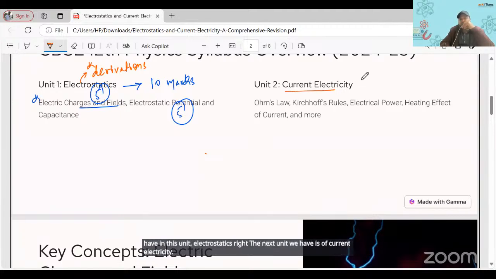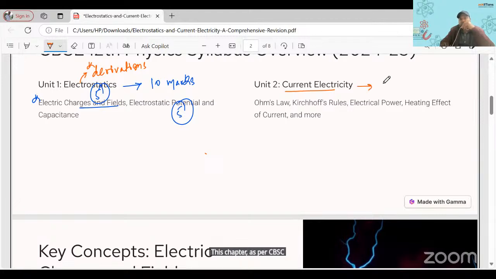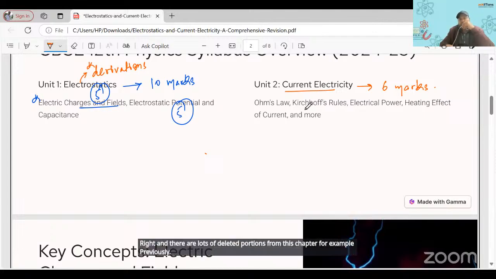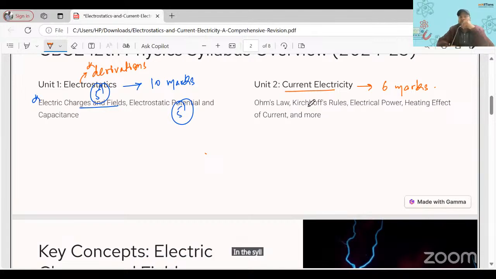This chapter, as per CBSE, has a weightage of 6 marks, and there are lots of deleted portions from this chapter. For example, previously there was meter bridge. Potentiometer was there 2 years back, then it was deleted, and this year we don't even have meter bridge. So up to Wheatstone bridge only we have in the syllabus.